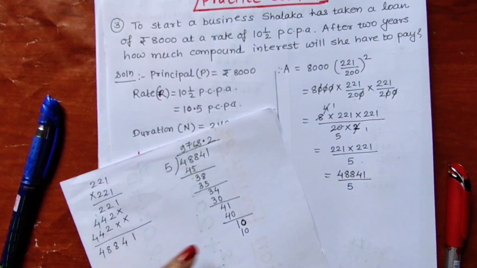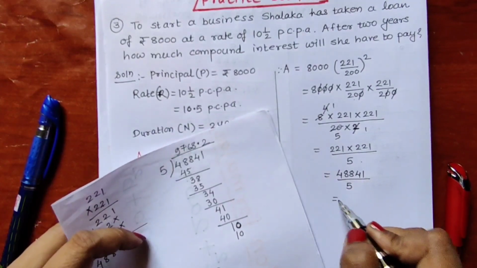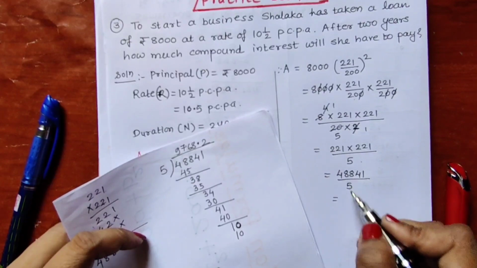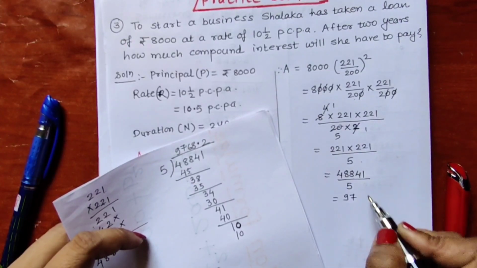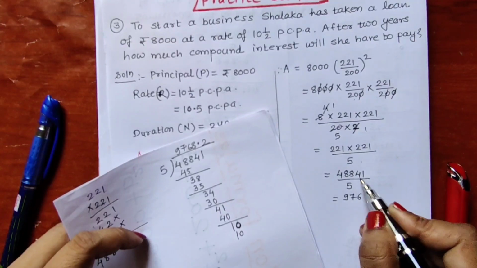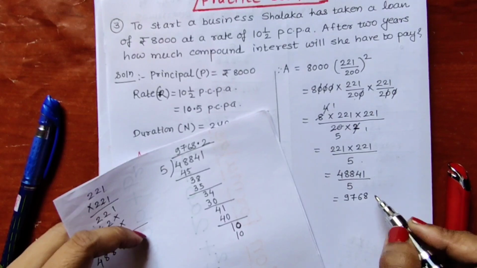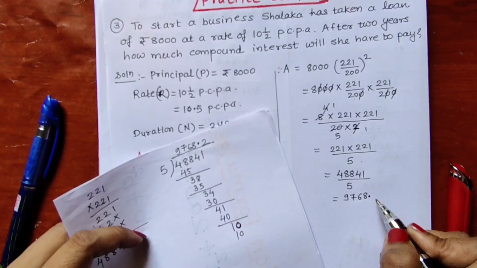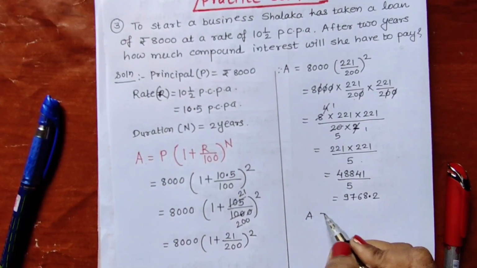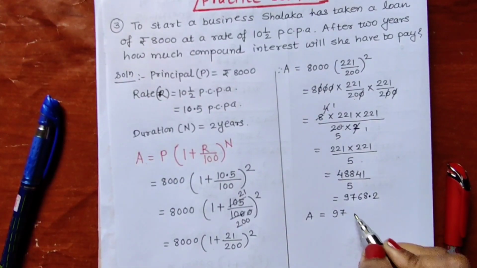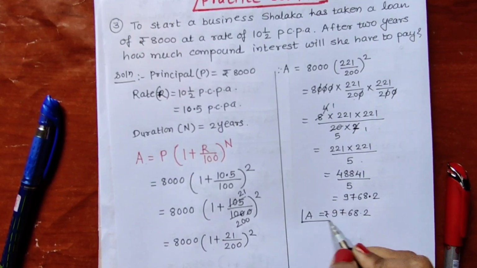So we get 9768.20. So in this way the amount we have got is 9768.2 rupees.